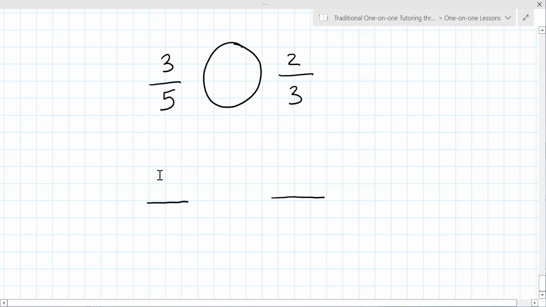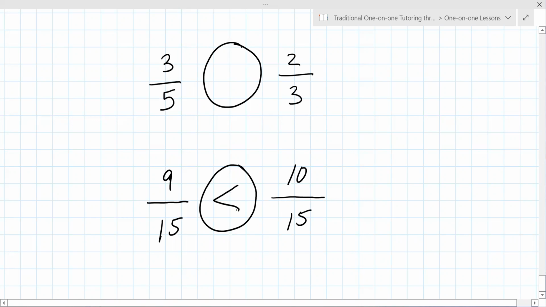Okay, so tell me what goes up top. Tell me what goes in the bottom. 3 times 3 is 9, and 3 times 5 is 15. So now you do 5 times 2 and 5 times 3. Tell me what that is. 5 times 2 is 10, and 5 times 3 is 15. Good. And what symbol? Less than. Yes. Okay, really good.